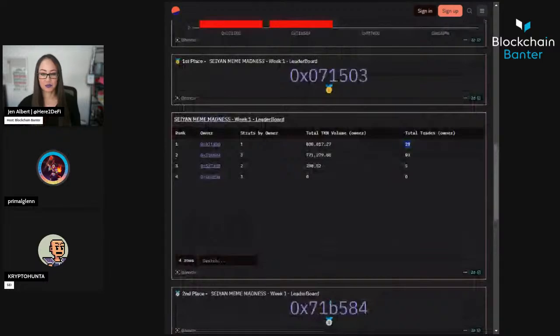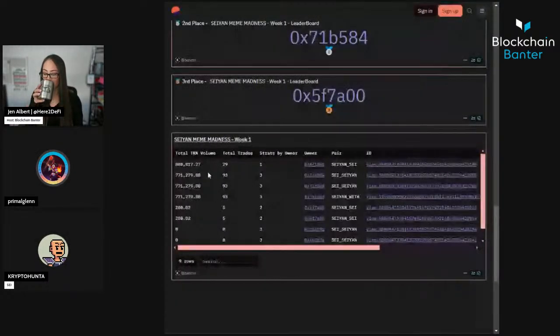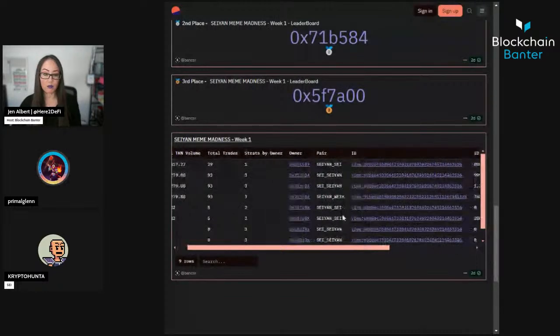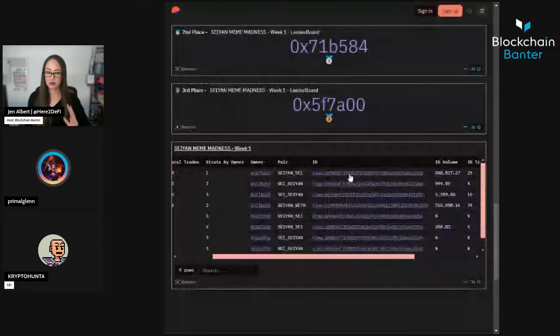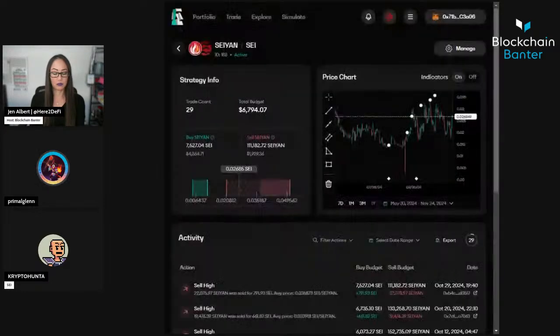So this is the week one. It's going to show you all the traders in this leaderboard, the trading pairs, the strategy ID. You can click on that strategy ID and take a look on Carbon at what that strategy is doing. For example, there's a strategy already here against Seiyan.